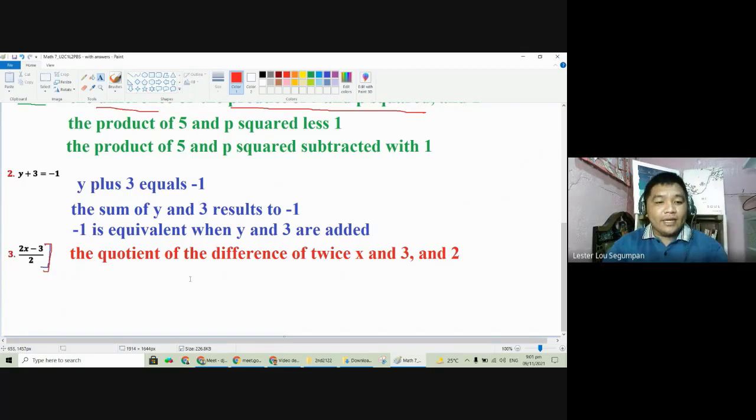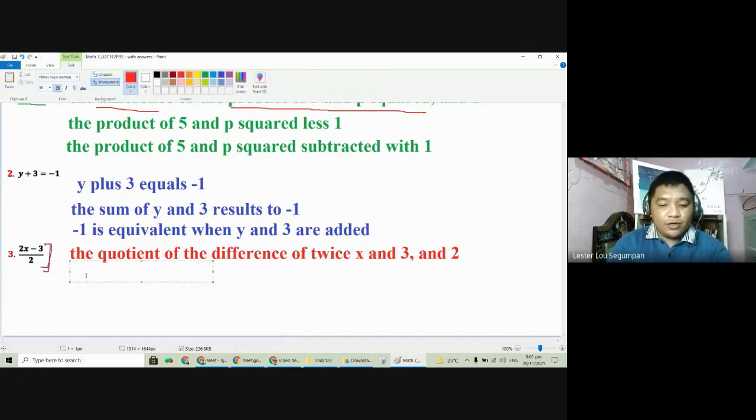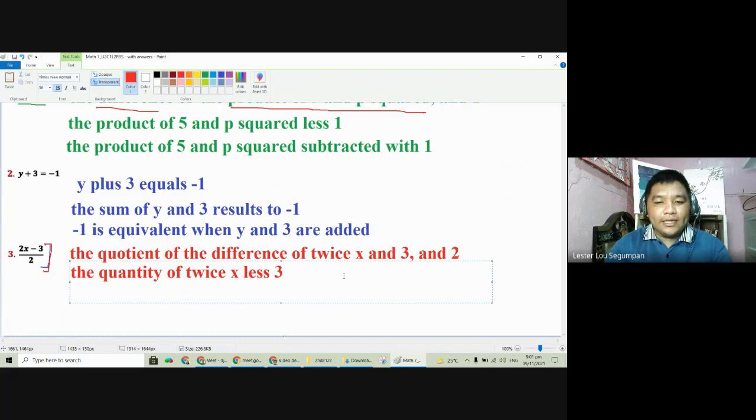If you don't like that, of course, you could use other forms. Some of you would like to say the quantity of twice x less 3. Why do we use quantity? I'm going to explain it later. The less 3 is divided by 2.